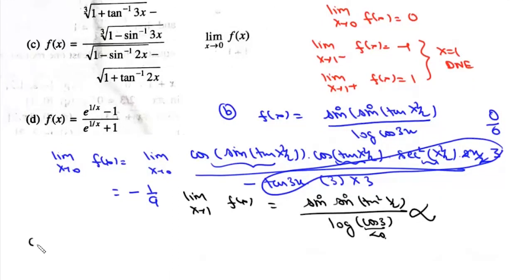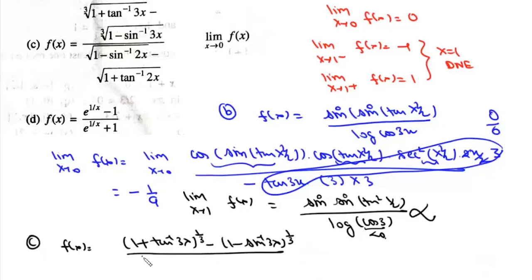Now for this c, we are given this function f(x) as 1 plus 10 inverse 3x to the power 1 by 3 minus 1 minus sine inverse 3x to the power 1 by 3 upon 1 minus sine inverse 2x to the power 1 by 2 minus 1 plus 10 inverse 2x to the power 1 by 2.